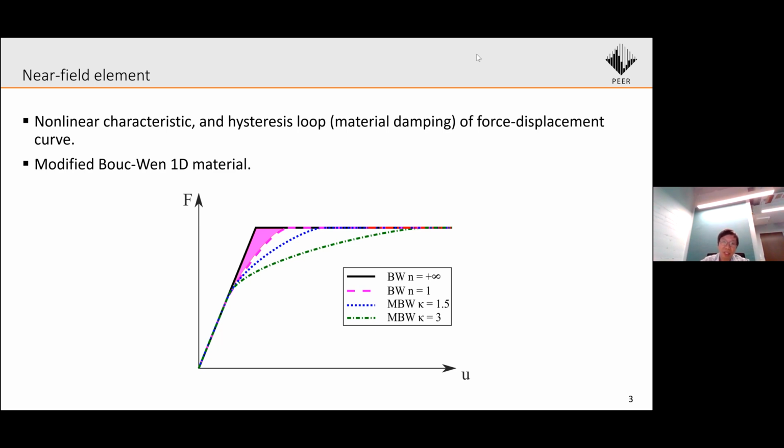However, as shown in the figures, with the original Bouc-Wen model, we are only able to simulate the force displacement curve in a very limited area, for example, the shaded area. So we modify the model, providing more flexibility to simulate the curve outside the shaded area.